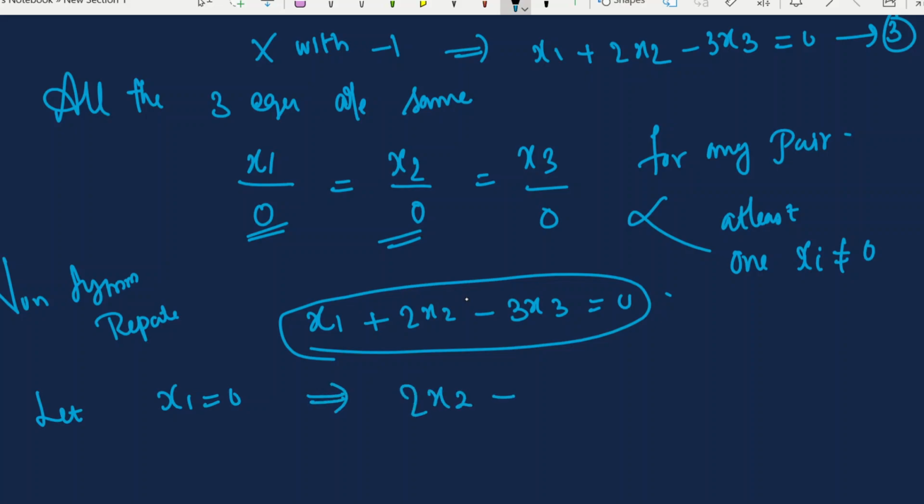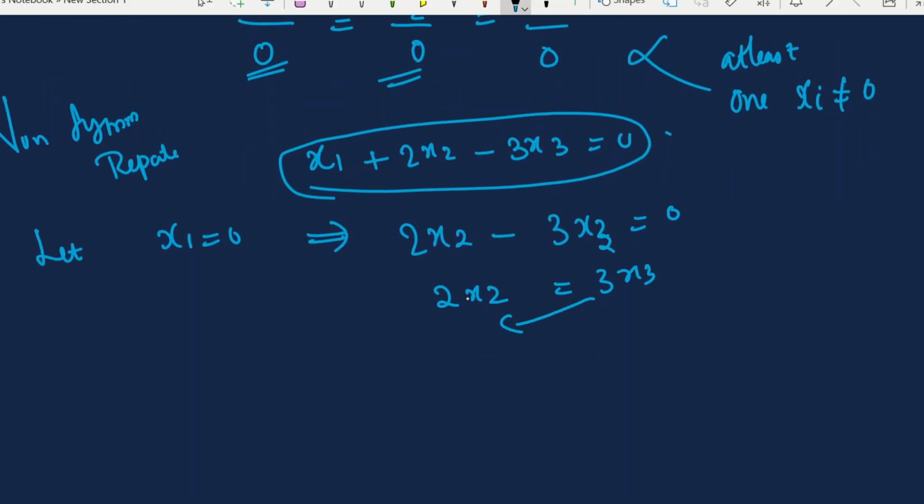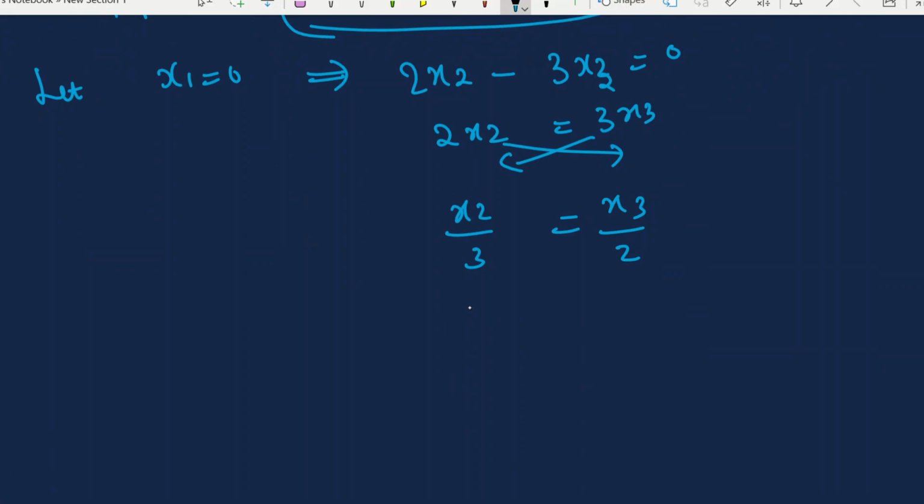When x1 equals 0, the equation becomes 2x2 minus 3x3 is equal to 0. 2x2 equals 3x3, and moving this coefficient here and there, x2 divided by 3, x3 divided by 2. So our second eigenvector is x1 value 0 we are assuming, and x2 value is 3, x3 value is 2. So this is our second eigenvector.